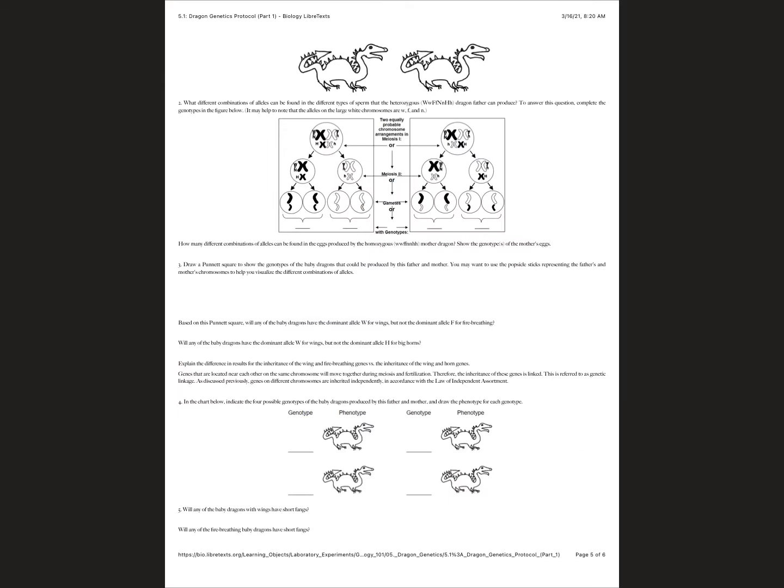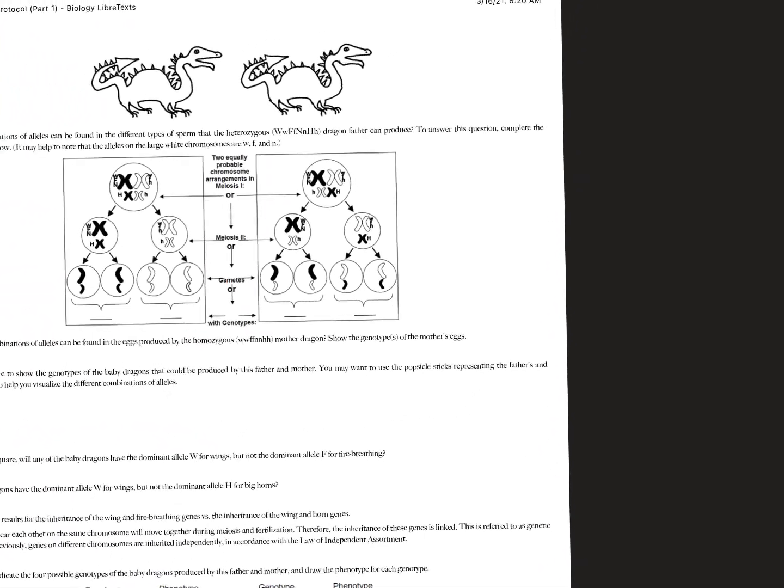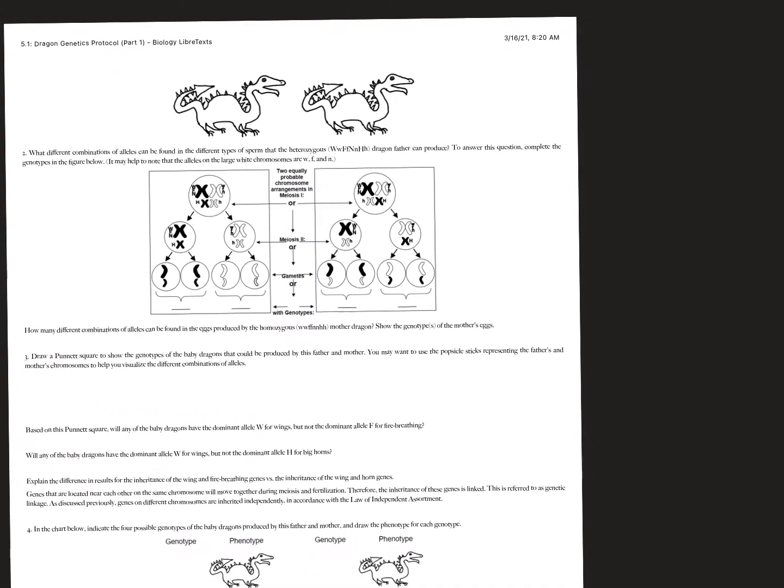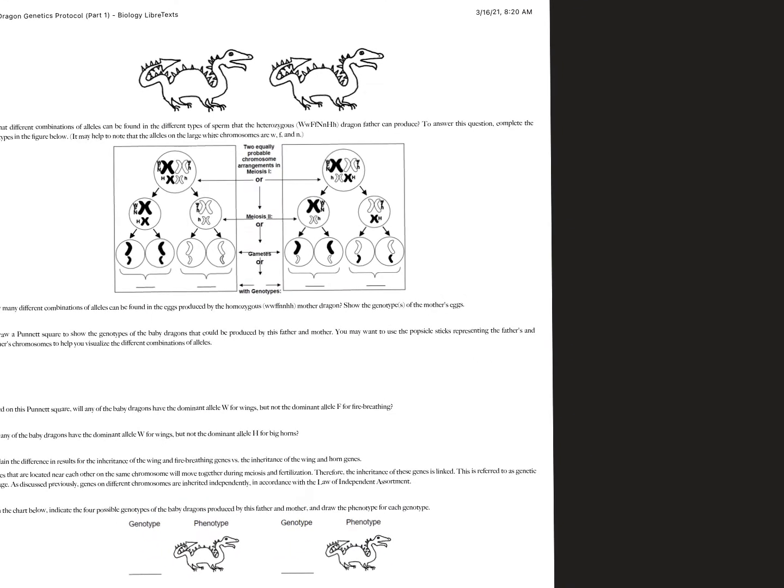Now, when you're doing multiple alleles, it can be very complicated. In other words, you could try to figure out, instead of doing a FOIL, remember we did big H, little h, big W, little w, and big N, little n.